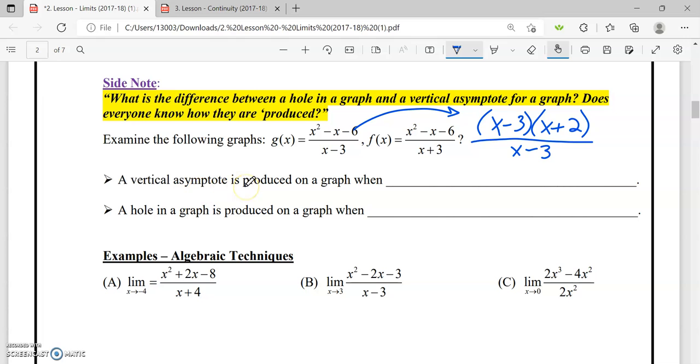An asymptote is produced if this denominator did not have a matching factor in the numerator. So what this one here gives us, because we have x minus 3 in top and bottom, this is actually a hole.